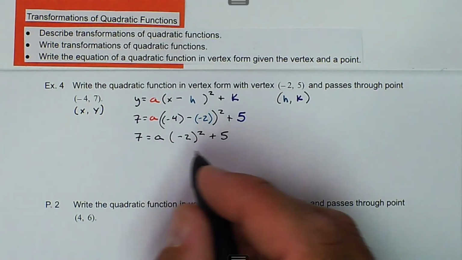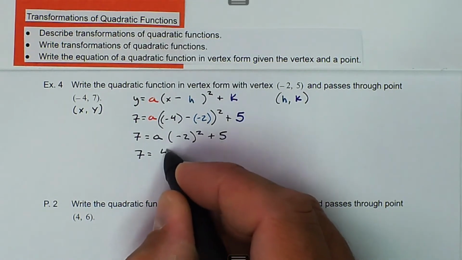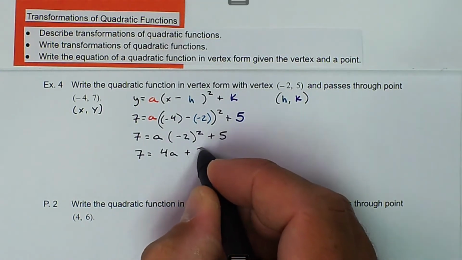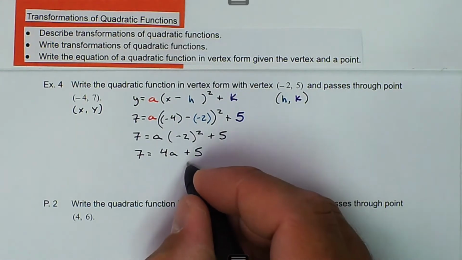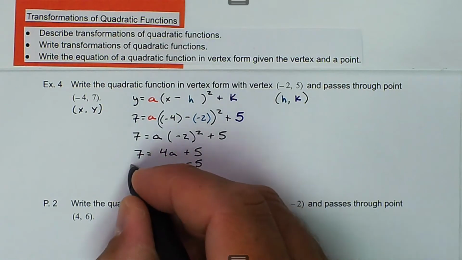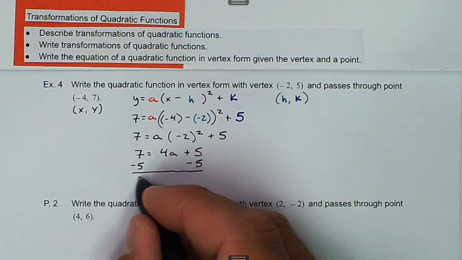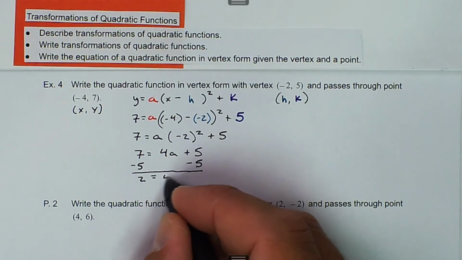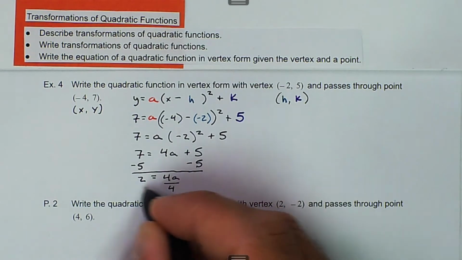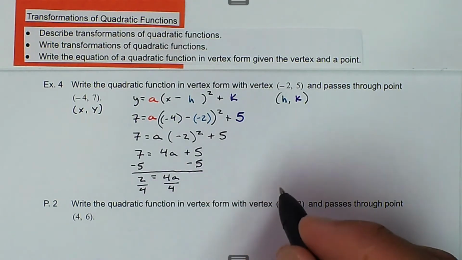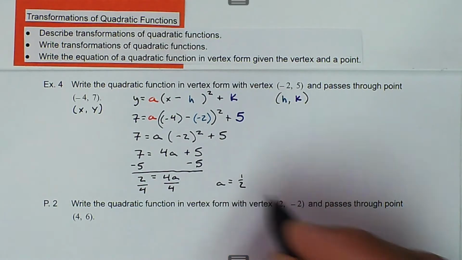So -2 squared is 4, so we get 7 equals 4a plus 5, and then we can solve from there, and we subtract 5 from both sides, and then we get 2 is equal to 4a, and divide by 4, and then we get a is equal to 1/2.